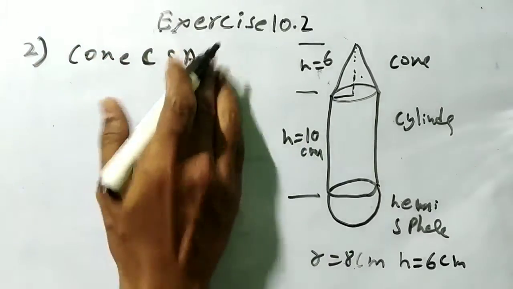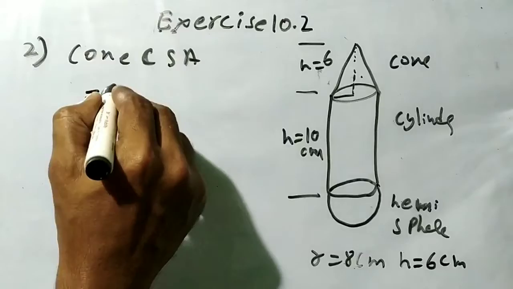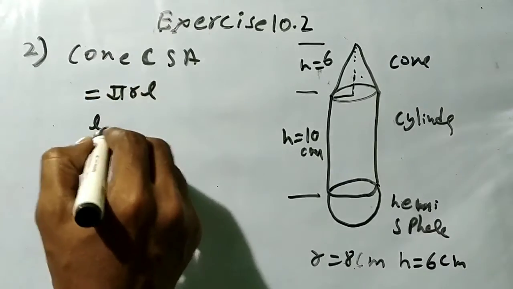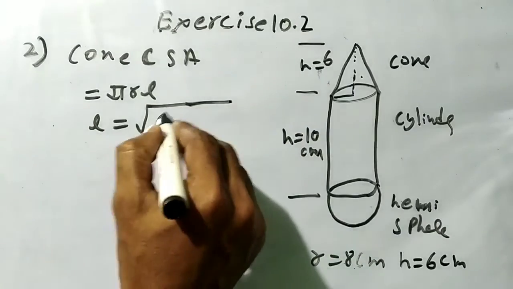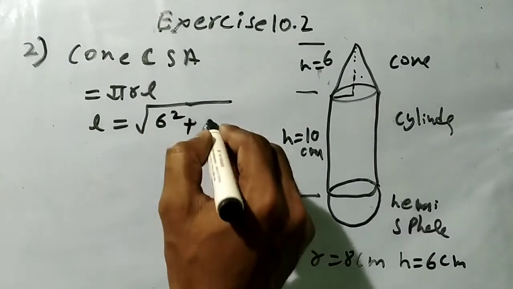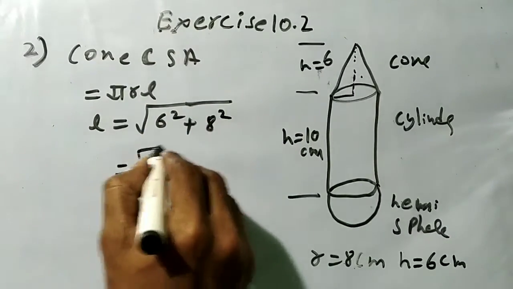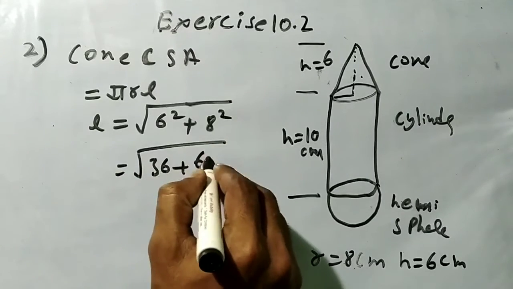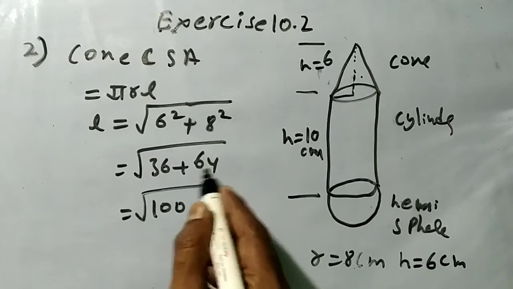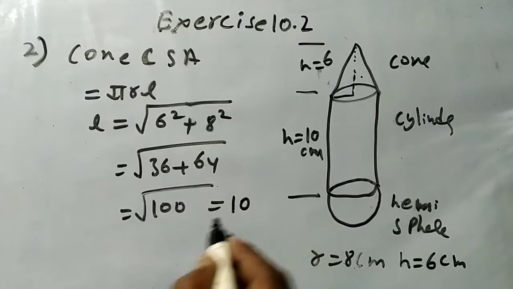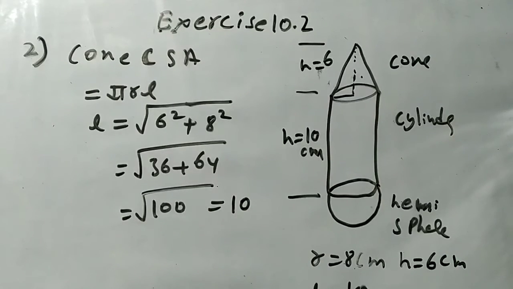We know that it is pi R L. In order to find L, L is equal to the square root of H square plus R square, with H equal to 6 and R equal to 8. So that is 36 plus 64, which is 100. So the square root is 10. So we got L equal to 10 as the slant height.